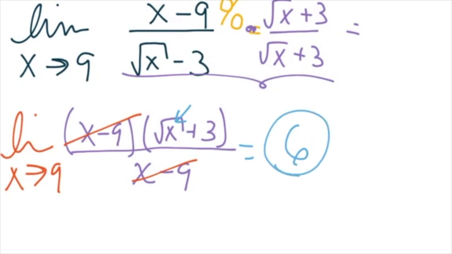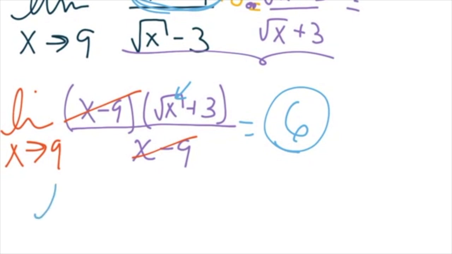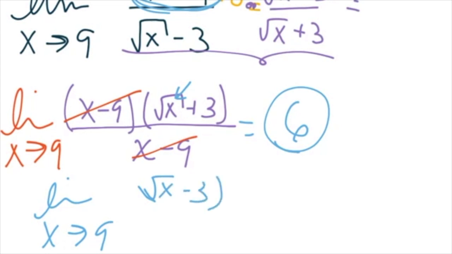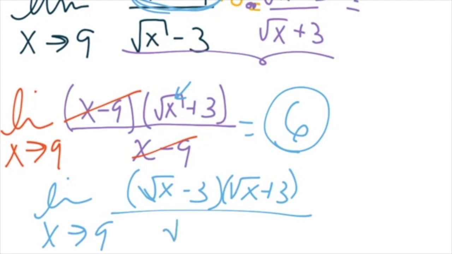Another thing you could have done for this particular one is you actually could have factored x minus 9. I know people think, what are you talking about, lady? You're crazy. But you actually could. That's going to get me the square root of x minus 3 times the square root of x plus 3. If you had done it that way, then right from the get-go, goodbye, and you could have just plugged in the 9.